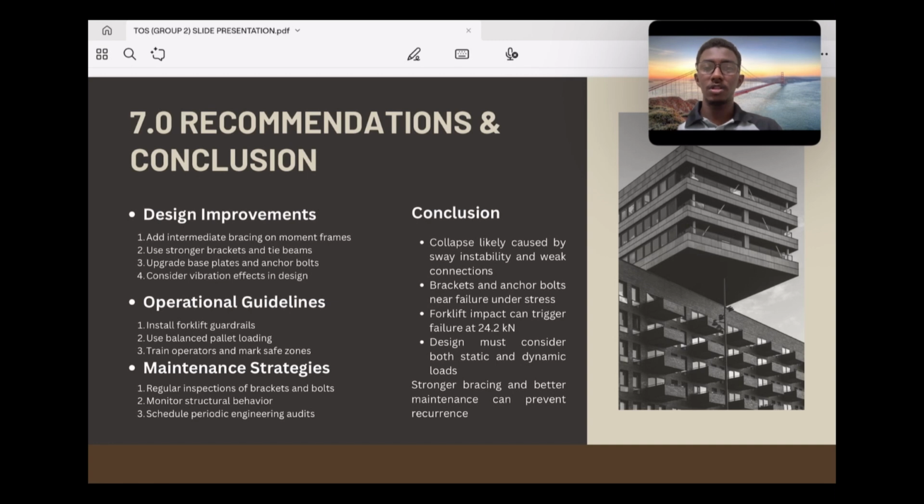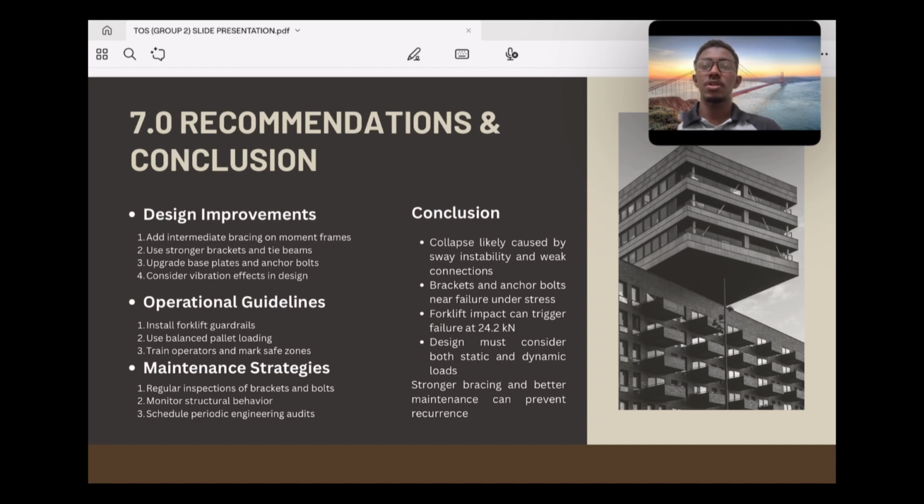For our recommendations, we focused on three key areas: design, operation, and maintenance. First, for design, we suggest intermediate bracing along the moment frame to prevent sway and second-order effects, because the current system only has one single tie beam at the top, which is not enough.